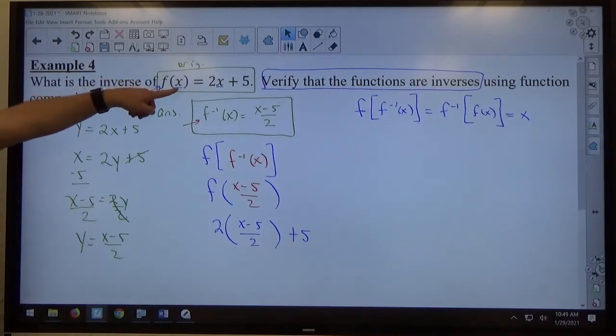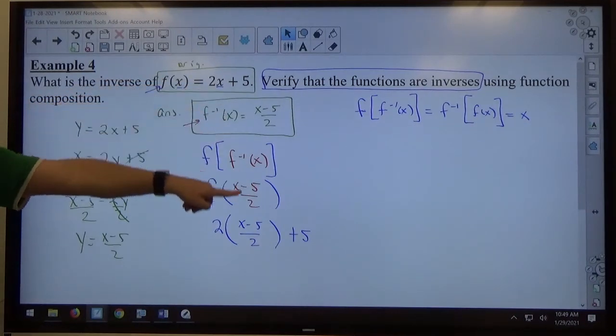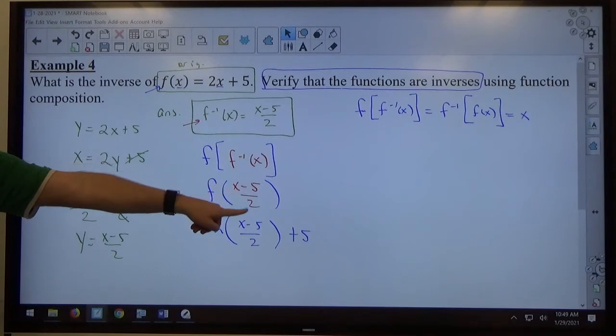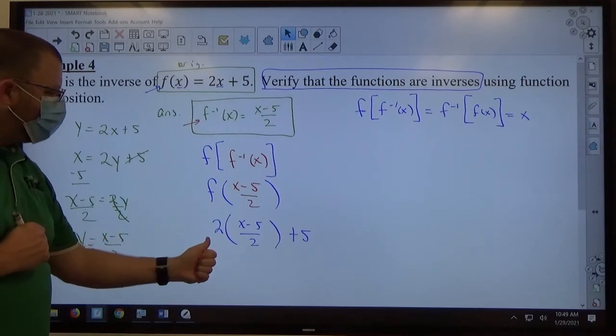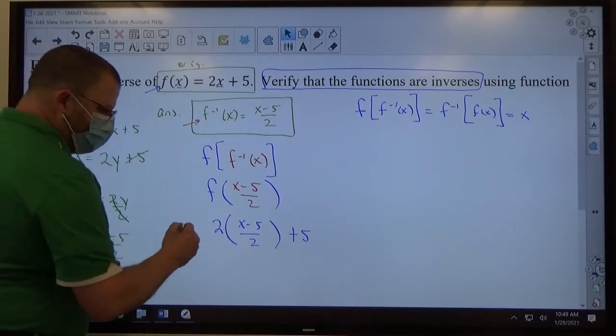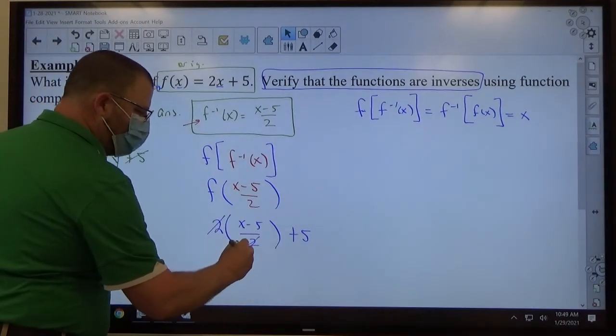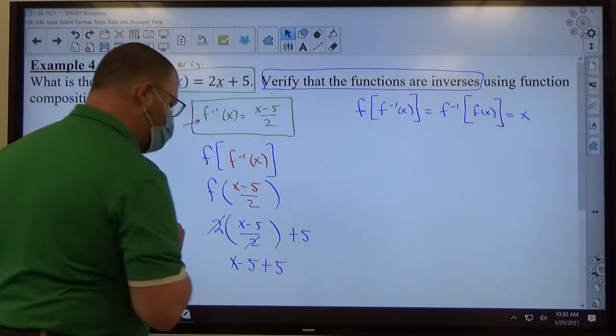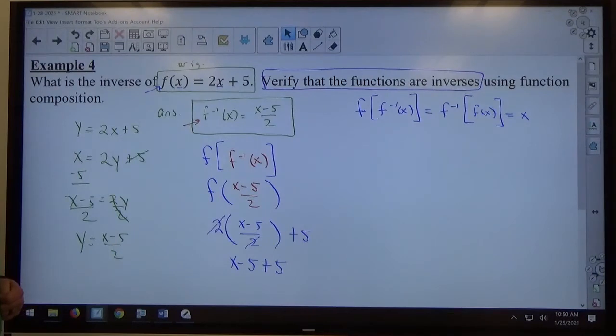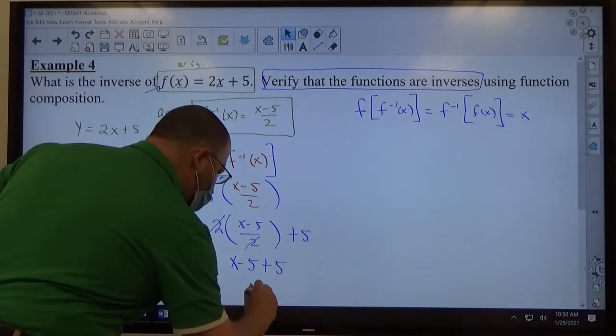And I simply went up to function f up here, change the x into x minus 5 over 2, because that's what x is supposed to be changed into. If I multiply 2 times this fraction, this 2 cancels that 2, leaving us with the top, which is x minus 5. And x minus 5 plus 5 equals x.